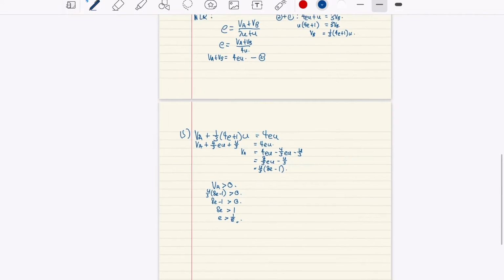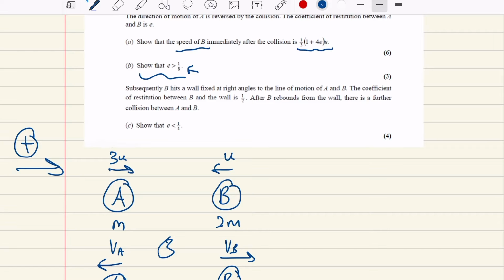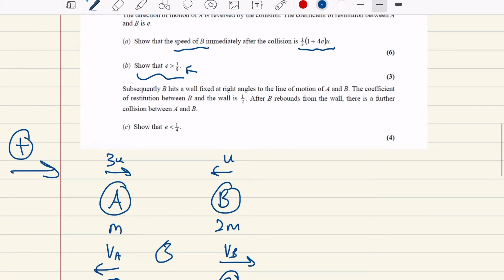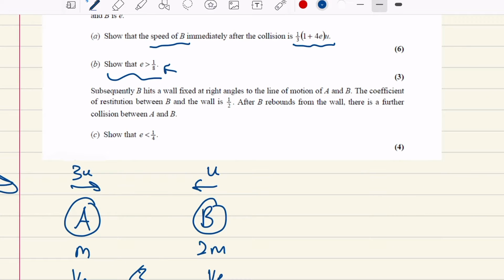Subsequently, B hits a wall fixed at a right angle to the line of motion of A and B. The coefficient of restitution between B and the wall is 1/2.